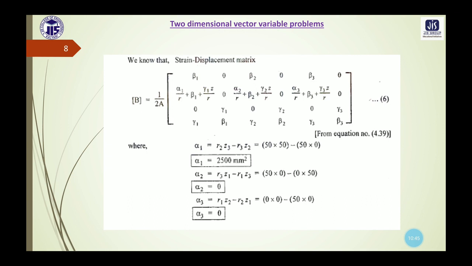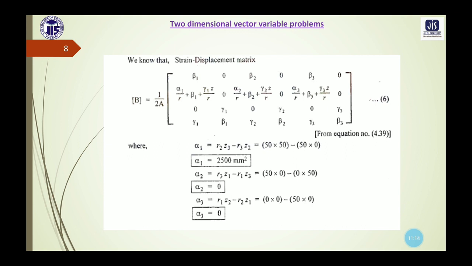Next we need to calculate the strain displacement matrix. So how to calculate the strain displacement matrix? This calculation of the strain displacement matrix we have discussed in the earlier lecture, where we have solved some numericals only to calculate the strain displacement matrix.